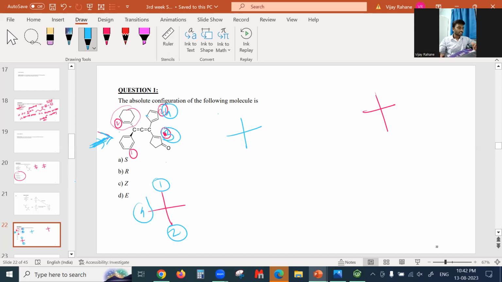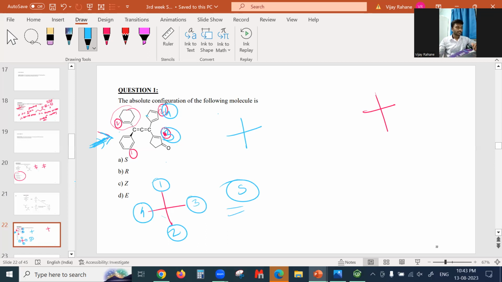So the fourth group is on the left-hand side and the third group on the right-hand side. This is the arrangement of the atoms. 1, 2, 3, this is S. In this way we can easily give the nomenclature.